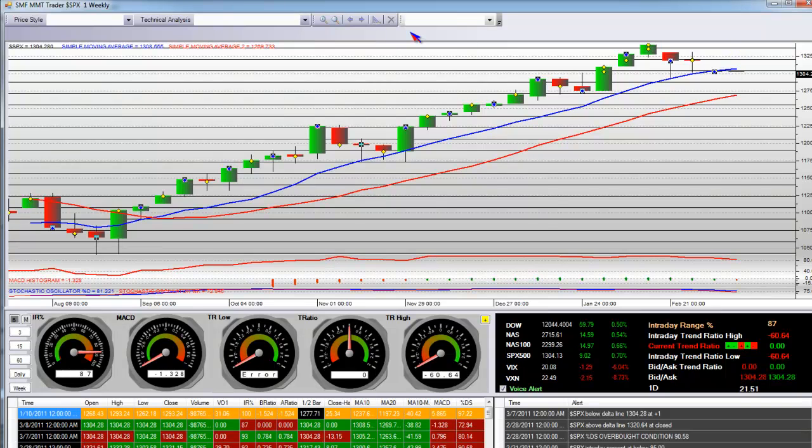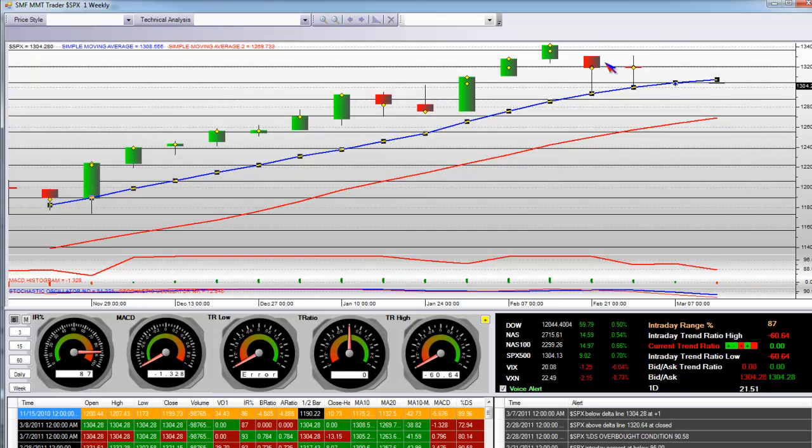Once again, this is a weekly MMT platform. That 1320, and a close below it means that the S&P is weak. If I have a daily reversal bar at that key number, or a 60-minute reversal bar at that 1320 handle, then I know that we're not going higher, and that everything on the shorter term is going to have negative ratios, which is going to get me on the right side of the market.